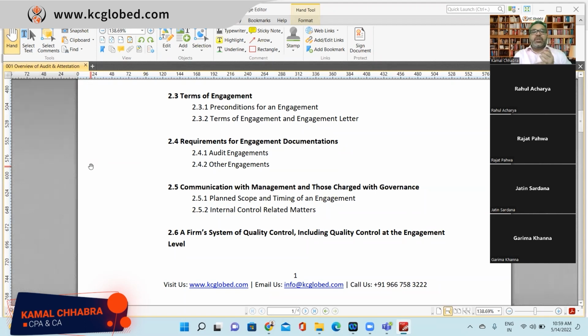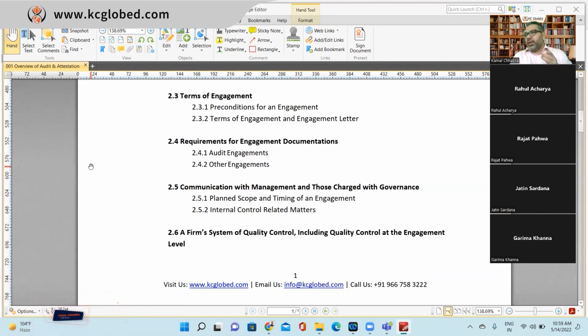First, the audit engagement. An audit engagement includes audit of financial statements, audit of internal control, or a combined audit of the financial statements as well as internal control. This may include group audit and component audit.